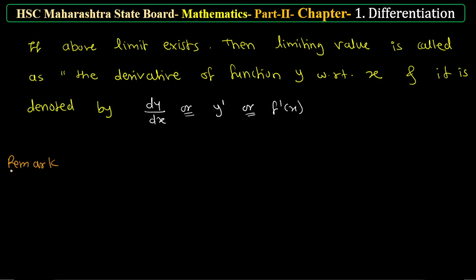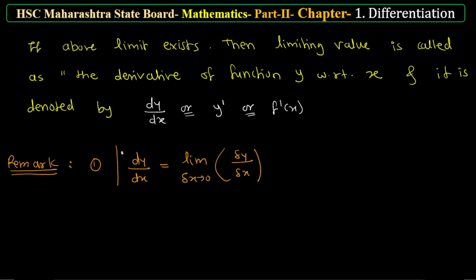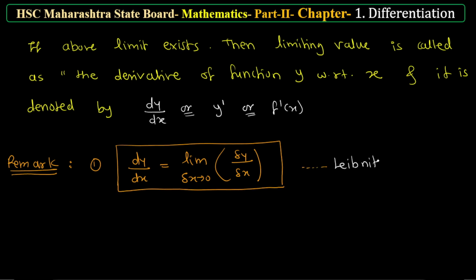One remark: dy upon dx is equal to limit delta x tends to 0 of delta y upon delta x. This is called Leibniz notation for derivative. Second, dy upon dx is equal to limit delta x tends to 0 of delta y upon delta x, the incrementary ratio.